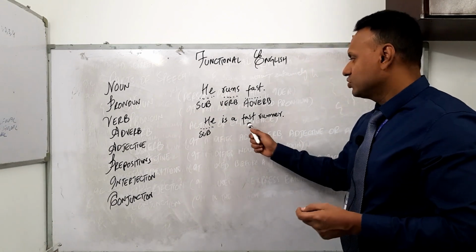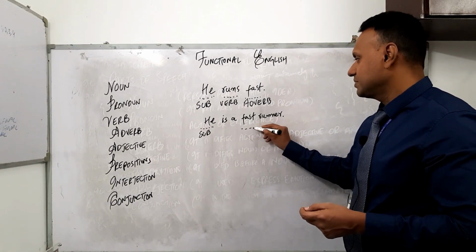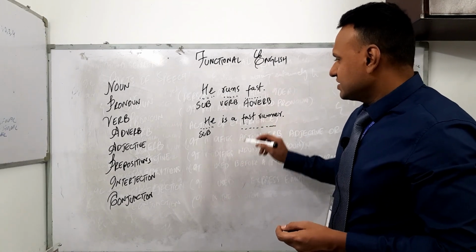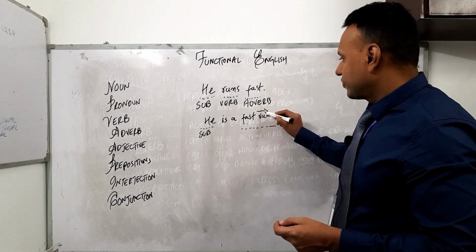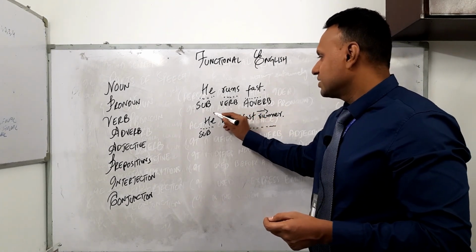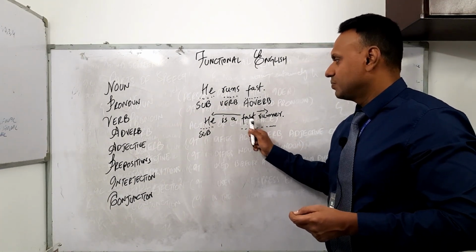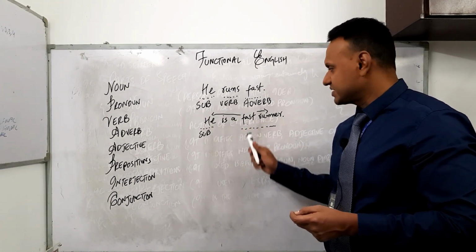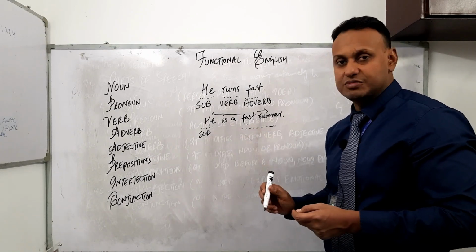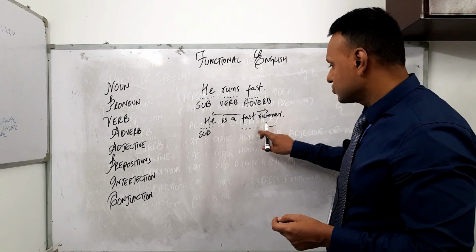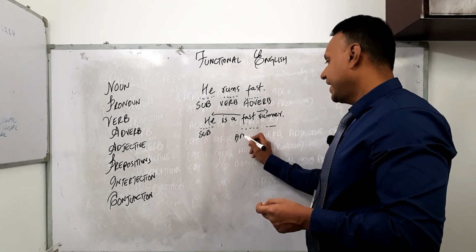If we combine these two words, is fast explaining the characteristics of a runner, or is it related to the subject here? It's obvious that fast is modifying the subject here. It is explaining some characteristics about the subject. That's why it is an adjective in this sentence. So fast is an adjective here.